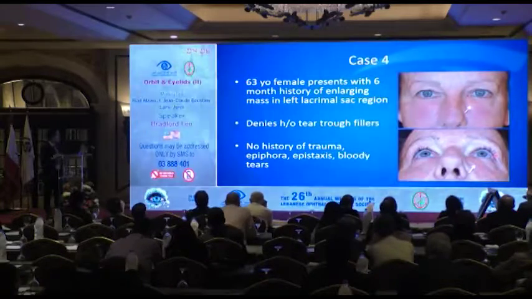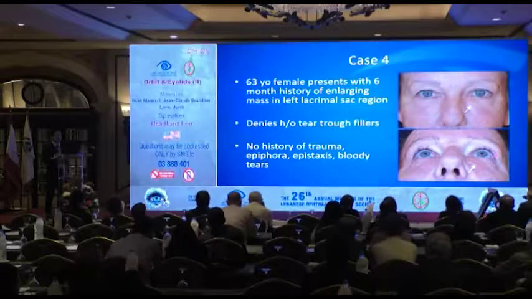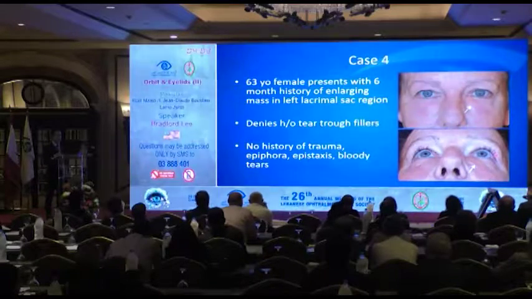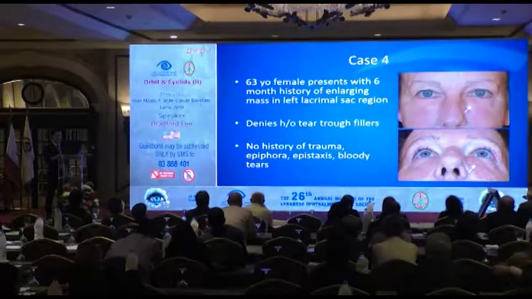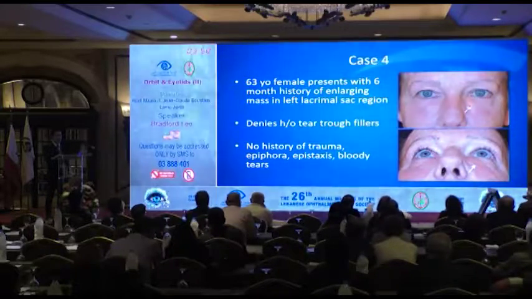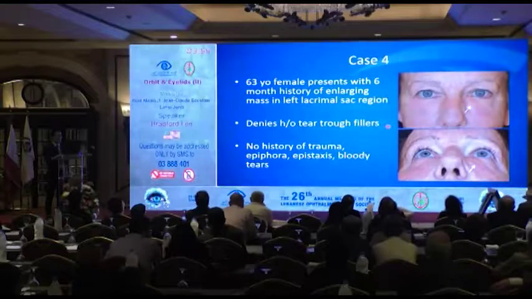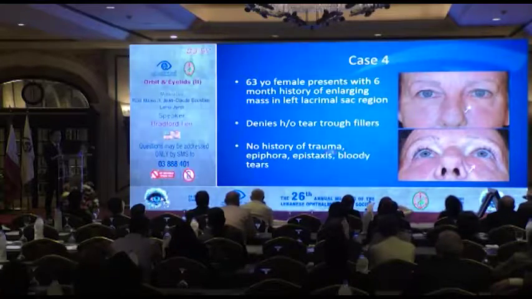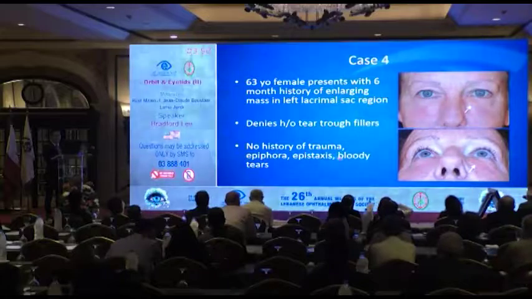And finally, we come to our last case, case number 4. This is a 63-year-old lady who came in with a 6-month history of an enlarging mass very close to the lacrimal sac region. She denied a history of tear trough fillers. She said no history of trauma, epiphora, bloody tears, or bloody nose.